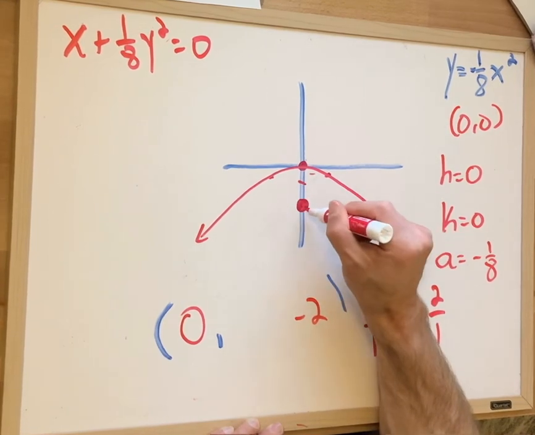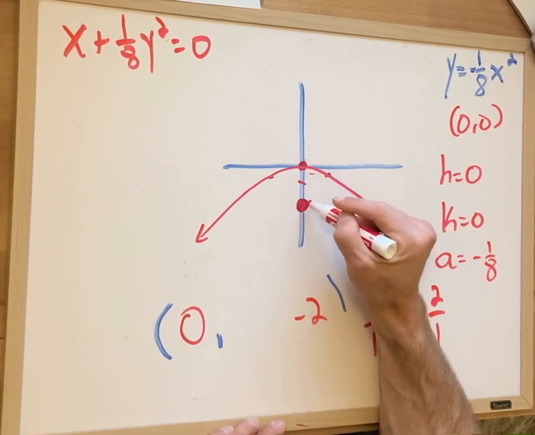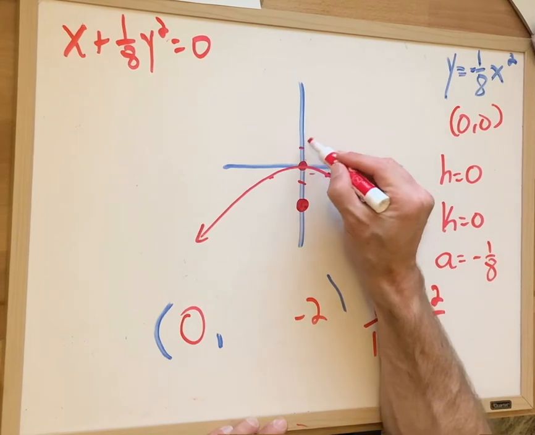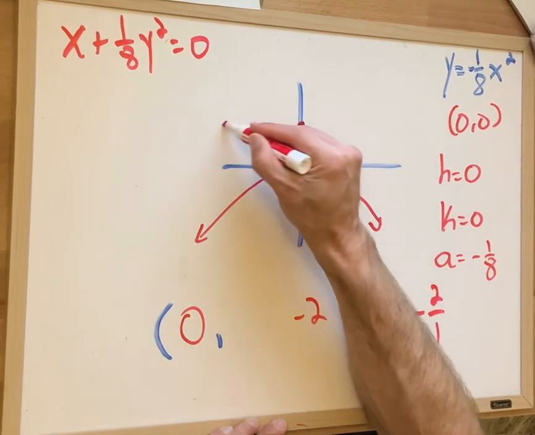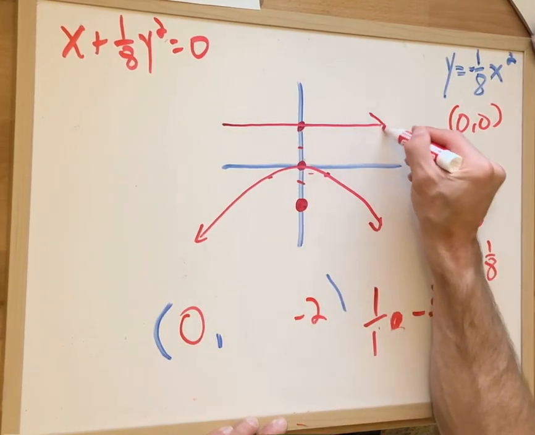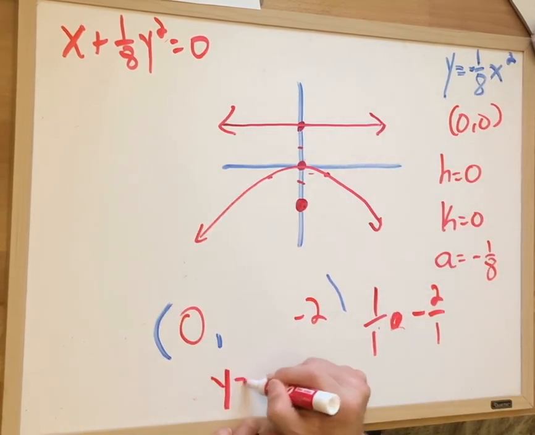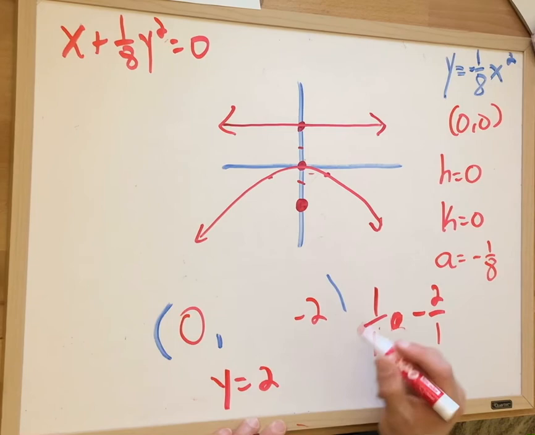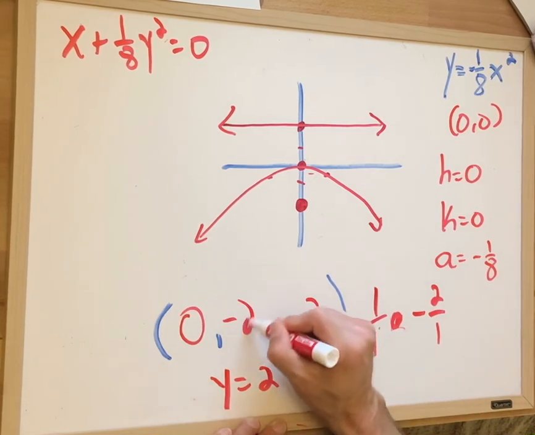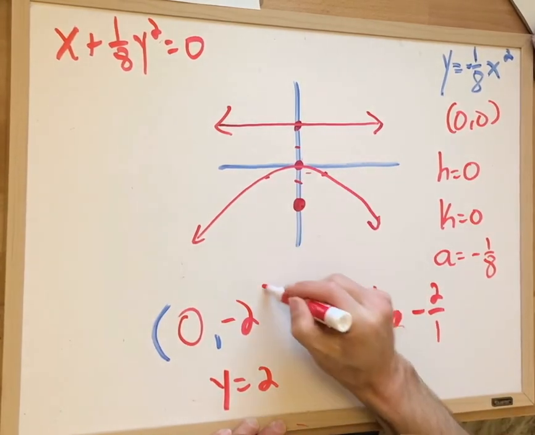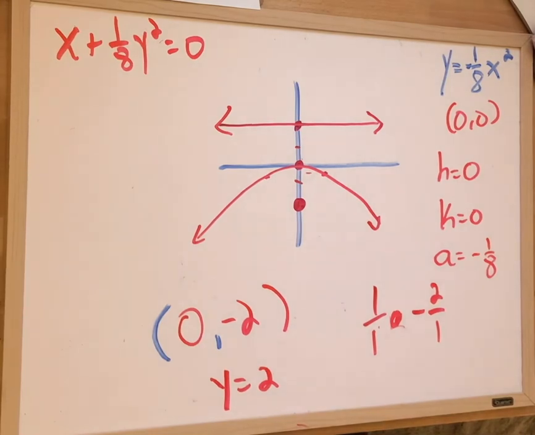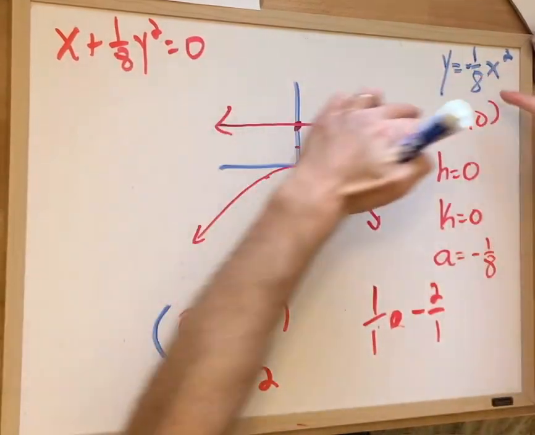This is my focus. My directrix is symmetrical, so I would go up 1, 2. Boom, there's my directrix. Okay, so my directrix would be y equals positive 2. My focus would be 0, comma, negative 2. But this is the thing. Remember how I switched these?